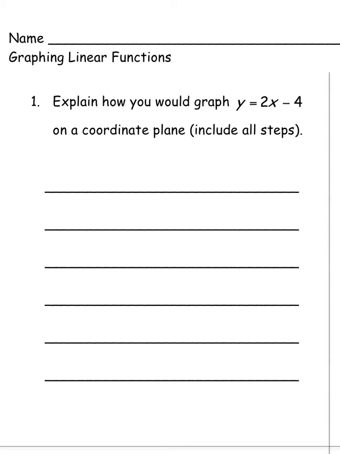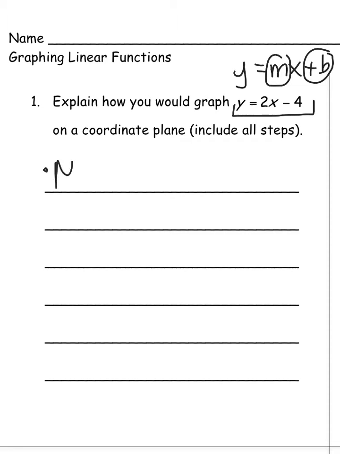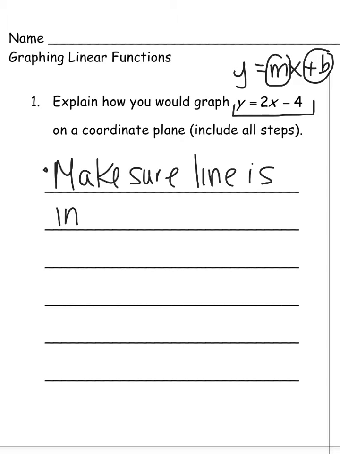So when we're looking at this equation right here, we notice that it is in its proper y equals mx plus b form. Right, so we need to identify our slope and our y-intercept. So step number 1, make sure that your line is in slope-intercept form.